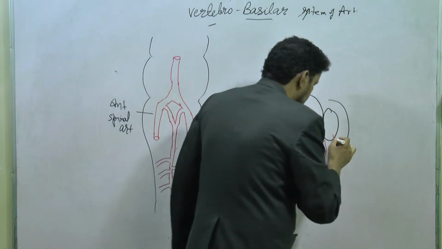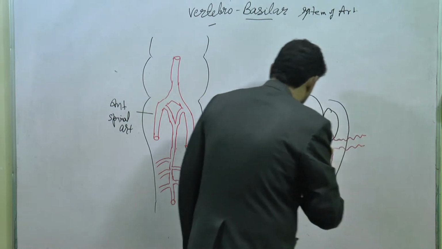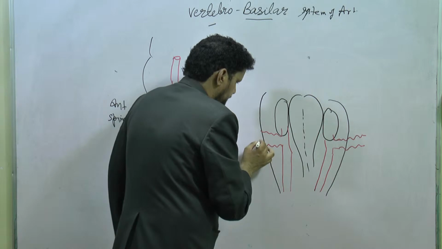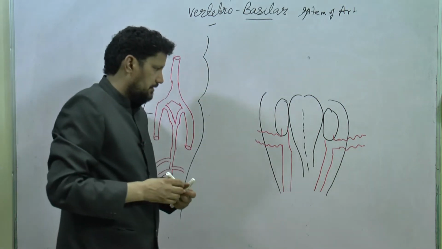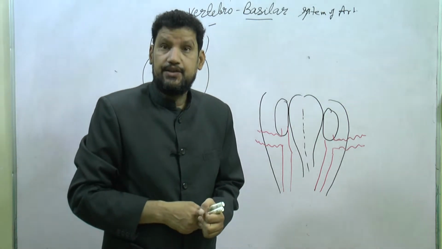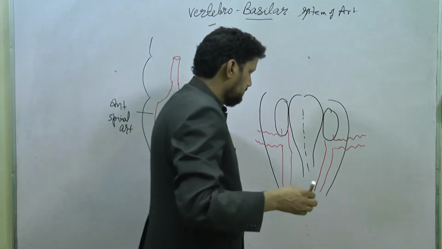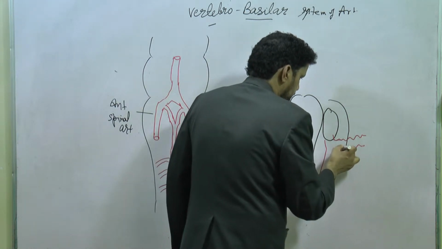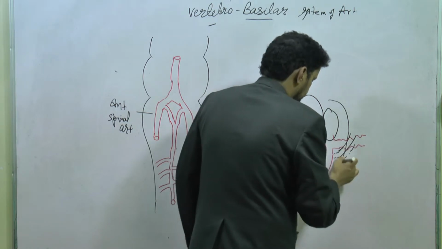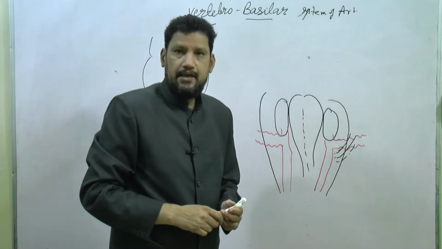The artery is remarkably tortuous, running behind the rootlets of the glossopharyngeal and the vagus nerve. This artery is PICA.